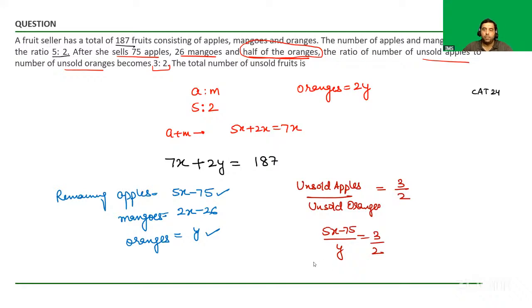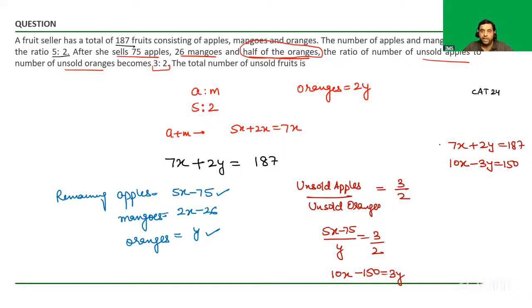If we cross multiply and solve it, it comes out to be 10x minus 150 equals 3y. Taking the variable to one side, I get 10x minus 3y equals 150, while the first equation was 7x plus 2y equals 187.